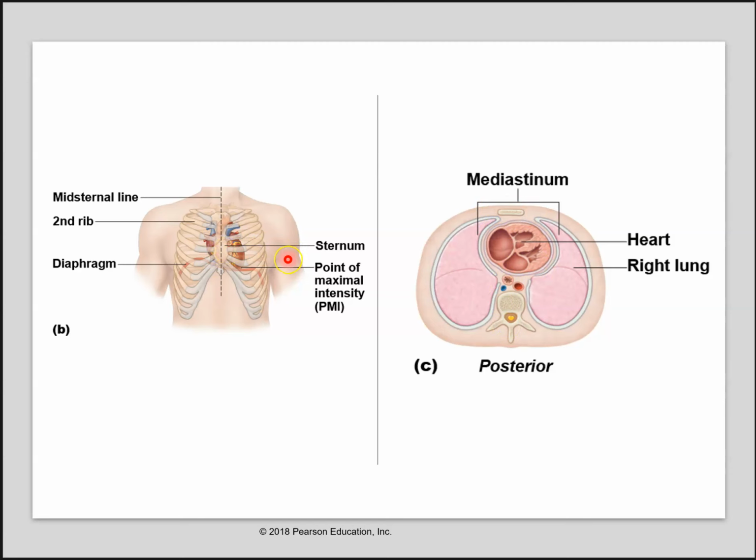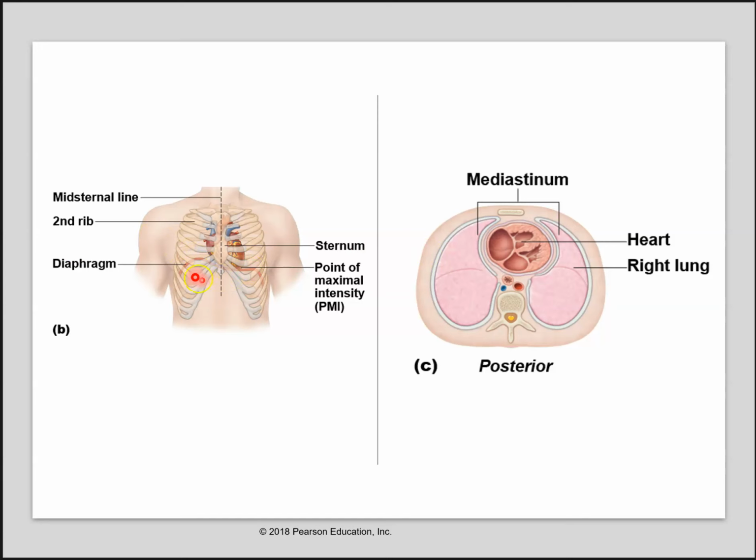Now, within the mediastinum, the heart is further separated from other mediastinal structures by a membrane known as the pericardium, which contains the pericardial sac, which has serous fluid that prevents the heart from friction with other structures.